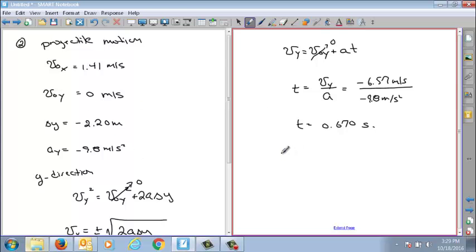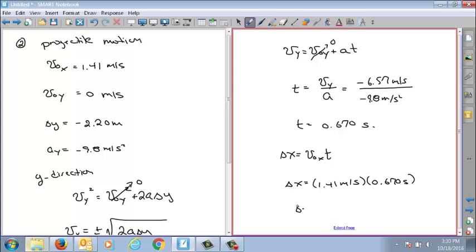Then in the x direction, you use that time. So delta x is equal to v0x times t. Because there's no acceleration in the x direction, this is constant. So we take our x velocity, which we got from the first part of the problem, and multiply by the time.